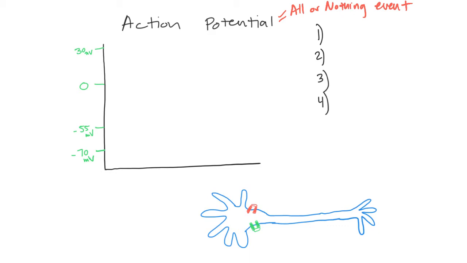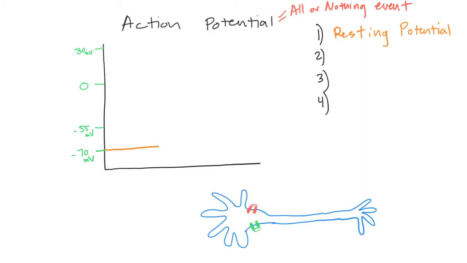And there are 4 stages. The first stage is just at rest, which we've determined before, at least for these types of cells, is at negative 70 millivolts.